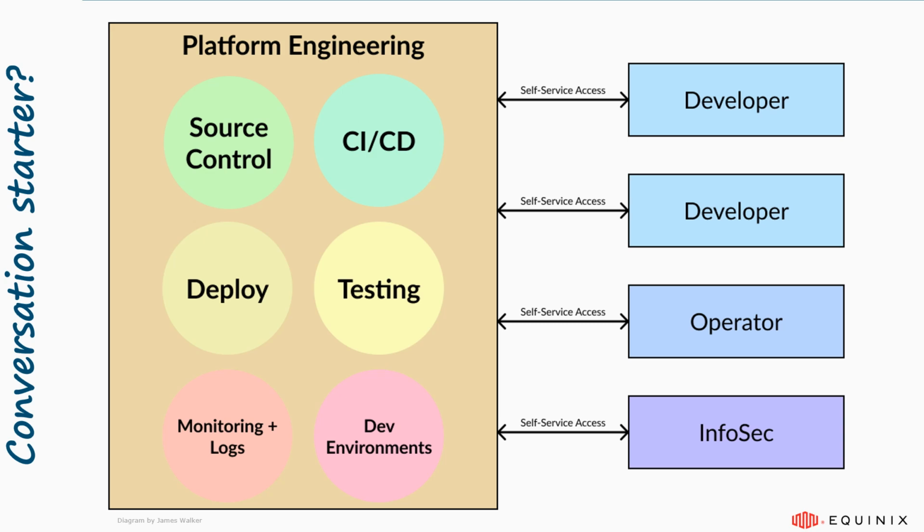This diagram from a blog on the Equinix website illustrates some of the capabilities typically found in IDPs to simplify and streamline the software development lifecycle, or SDLC. The author, James Walker, emphasizes that successful platforms must be flexible and scalable enough to support your development operations without compromising on security or compliance.